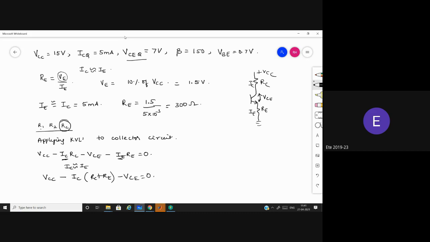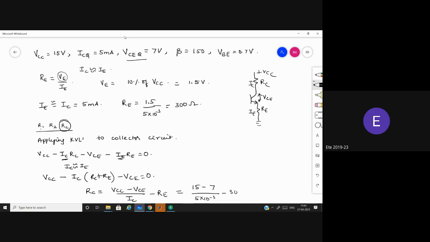So on shifting, we get RC is equal to VCC minus VCE divided by IC, minus RE. So VCC is 15, VCE is 7, divided by 5 into 10 to the power of minus 3, minus RE.